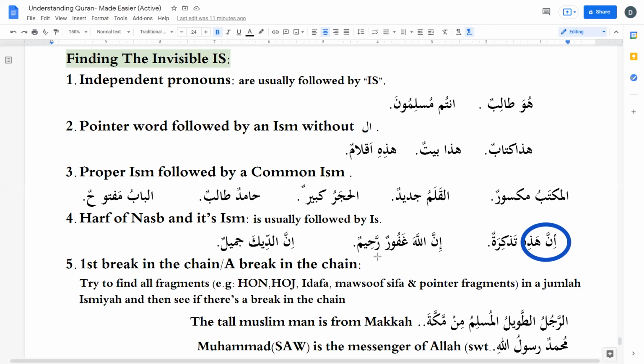And then we have Inna Allaha Ghafurur Rahim. Allah, isme jalala, is again nasb in status. So inna and its ism mansoob are the mubtada, and then we have the khabar, two khabar, ghafurur rahimun. These are not mawsoof sifa, though four properties are matching.